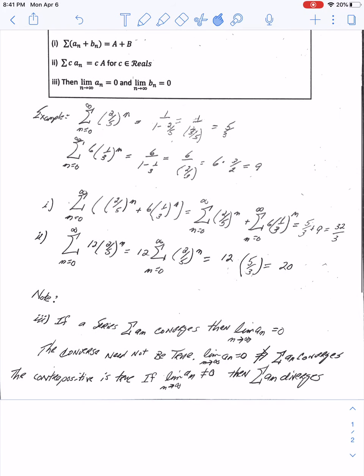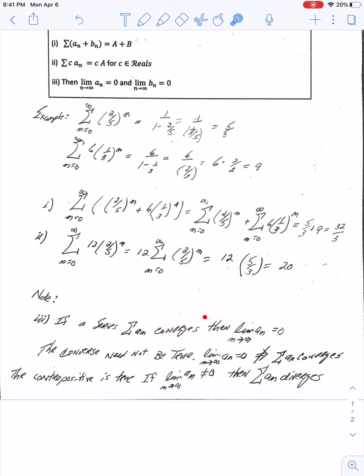Just a couple of warnings. So it is true, part 3 says, if a series converges, then the limit of the a sub n's has to be 0. Again, I want to say, though, that the converse isn't always true. In other words, just because the limit of the a n's is 0 doesn't mean the series has to converge.